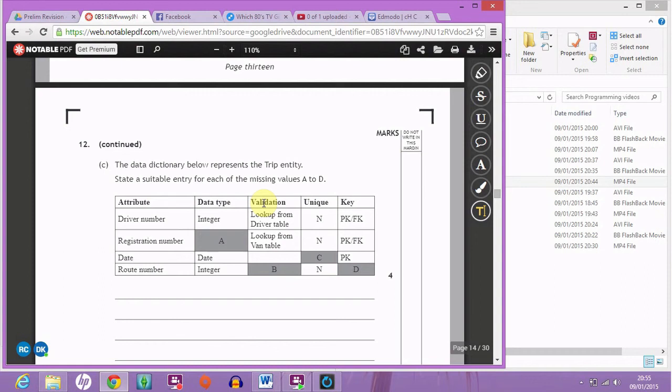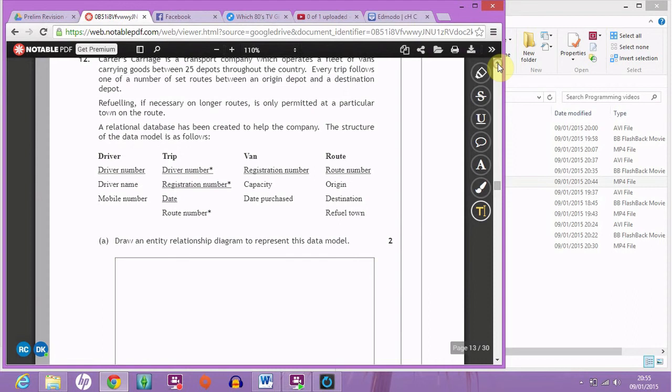Now my validation, my route number needs to be validated, but because it's not really a presence check, well, I've got my presence check over here because that's my unique, remember, there's not a length, there's not a range check. So if I come up, what can you tell me about route number?